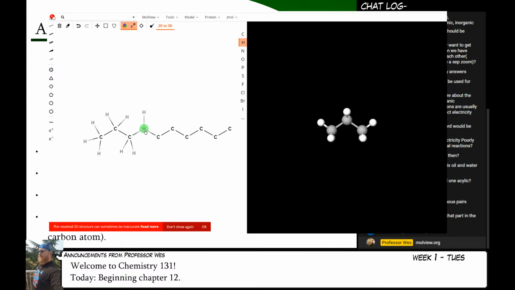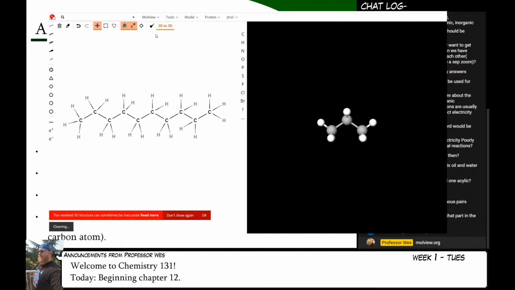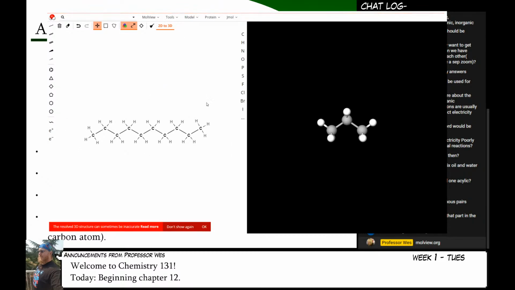I messed up one of these, and now it's going to make me do it like this all the way across here. There we go. I want to move the whole thing. So tidy up, and then make a model.